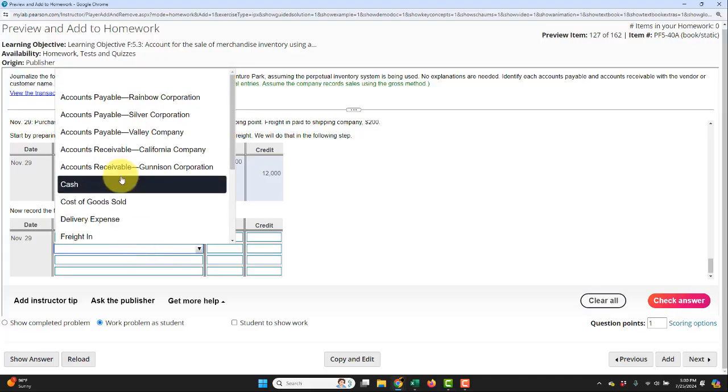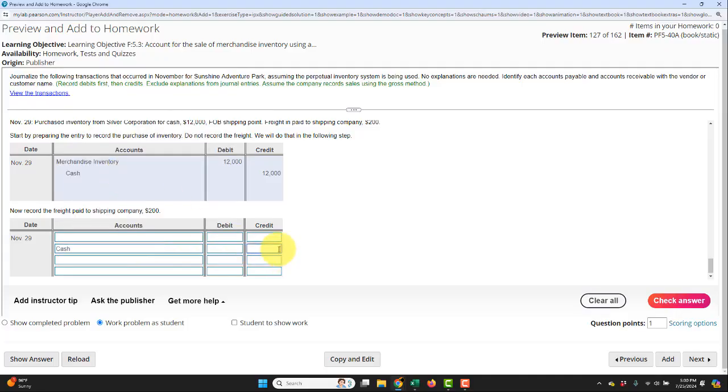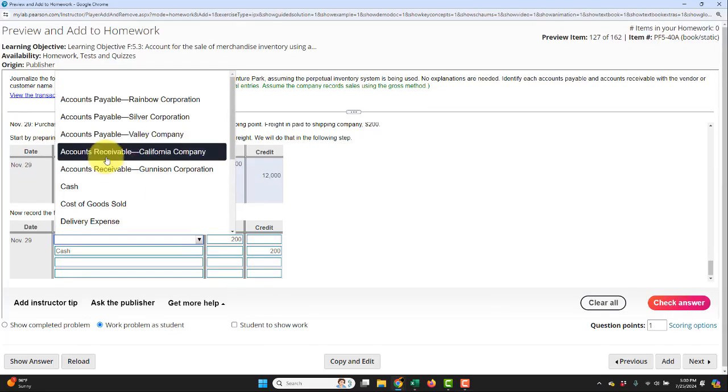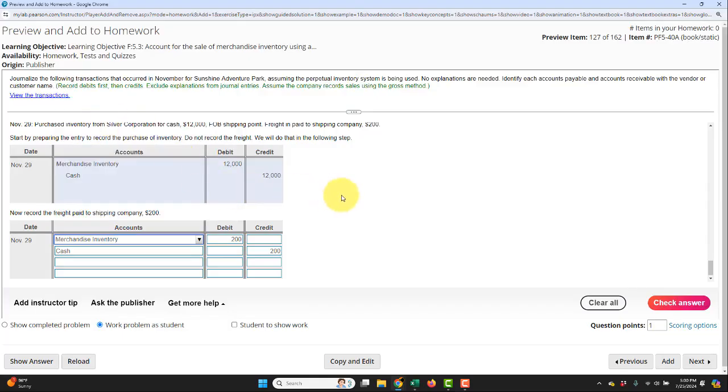So we're going to have cash go out. And again, we're wearing the hat of the purchaser of inventory in this case. So we're not going to have delivery expense because we would only use this if we were paying delivery as a part of a sales transaction. But again, since this is part of a purchase transaction, we're going to just add that to the value of our inventory.